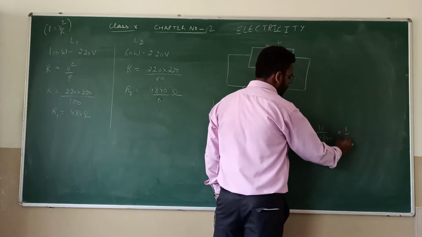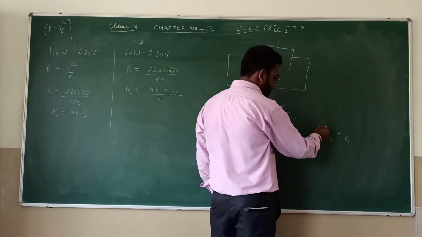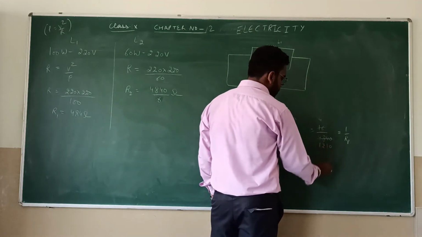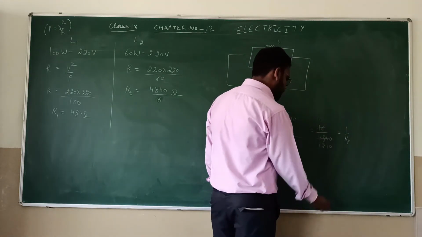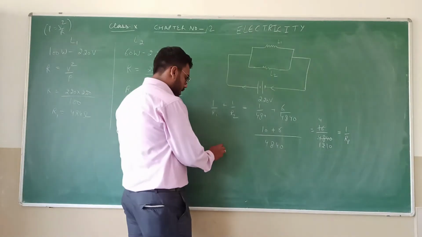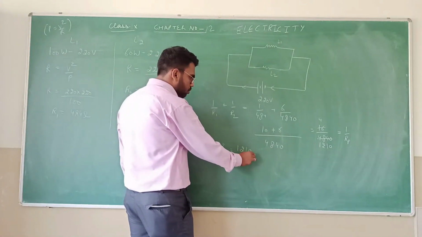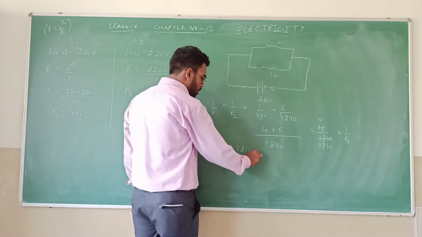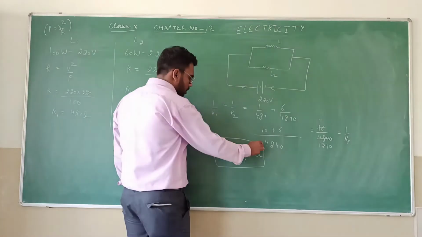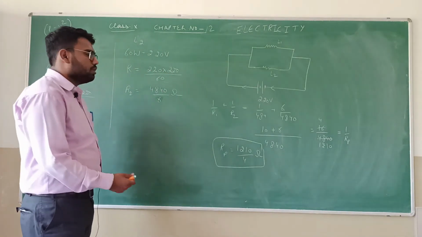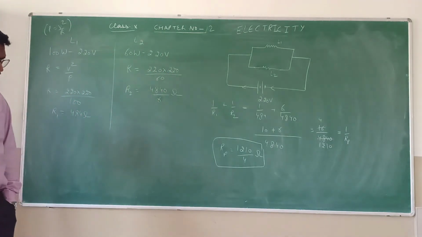We can cancel this further, but let us leave it. So Rp will be, after cross multiplying, 1210 by 4 ohm. You can write it as 605 by 2, that is 302.5.